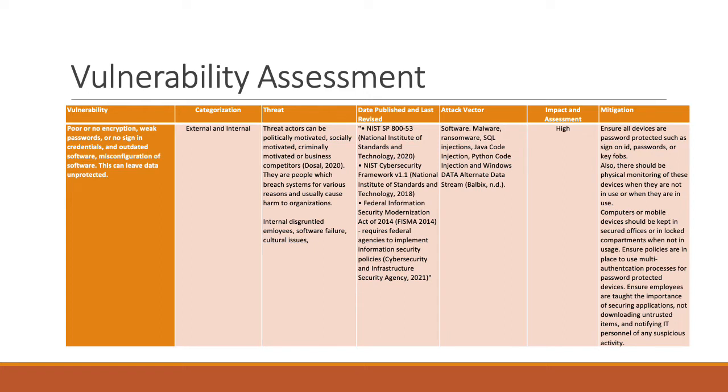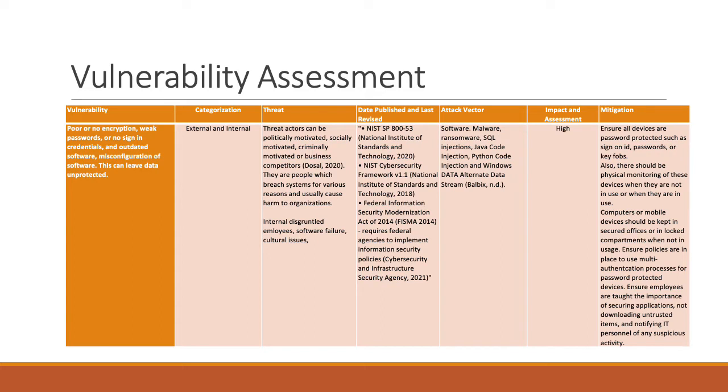This can include malware attacks, ransom attacks, SQL injections, Java code injections, Python code injections, and this is assessed as a high impact to systems, since this is more than likely to occur because it's so common that attackers try to break into systems using these vulnerabilities.